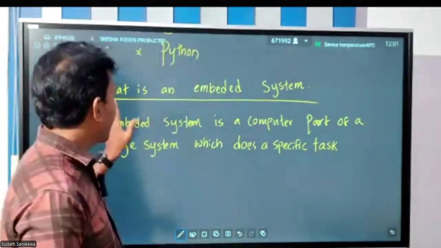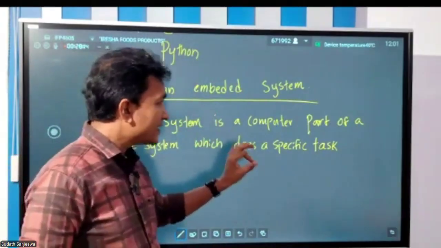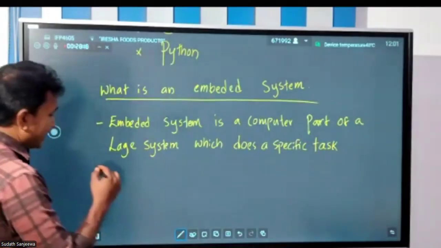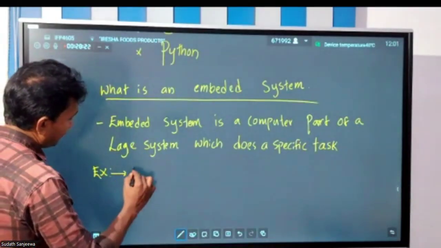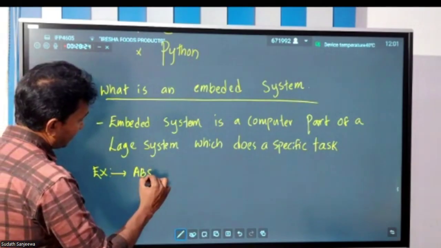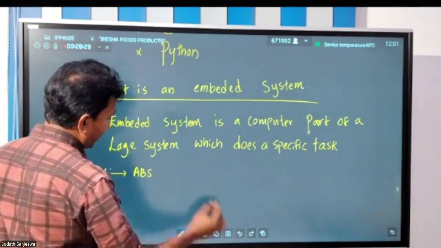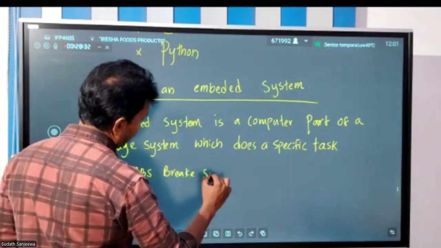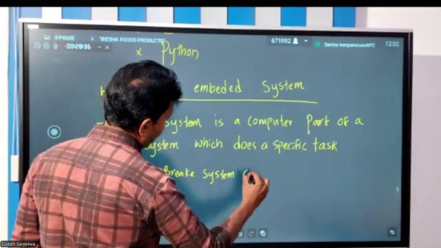Right? An embedded system is a computer part of a large system which does a specific task. Right? Examples are the ABS brake system of a car.